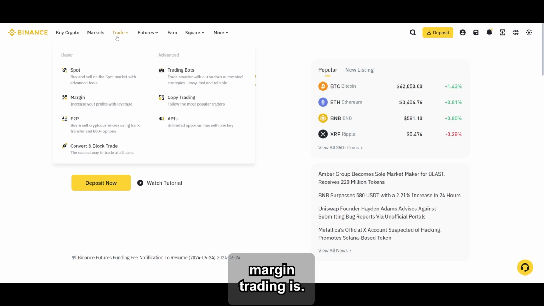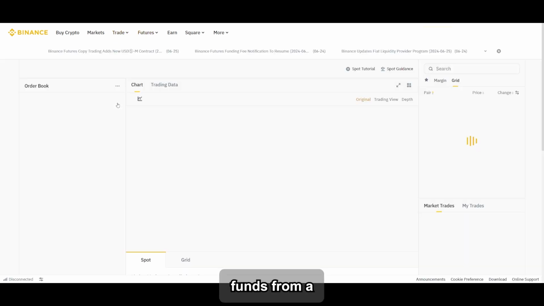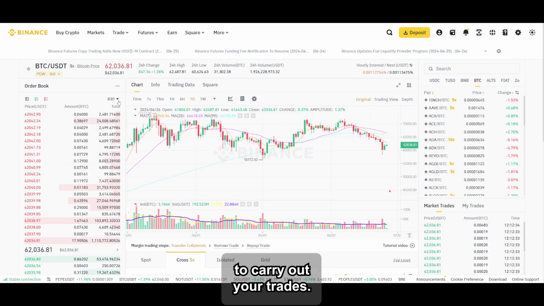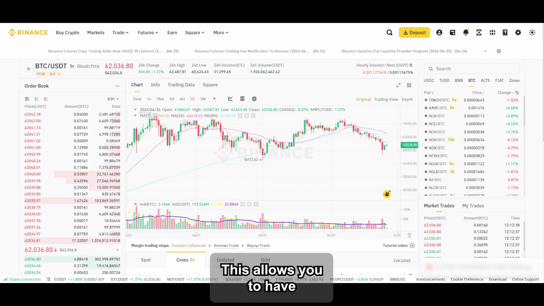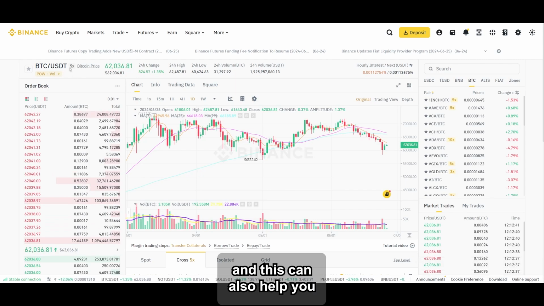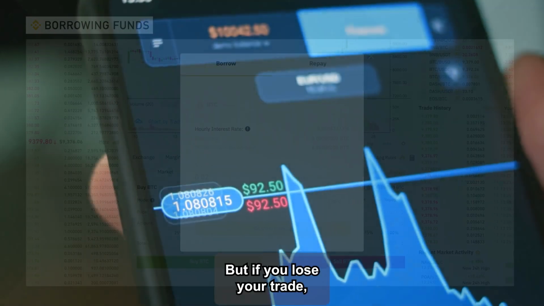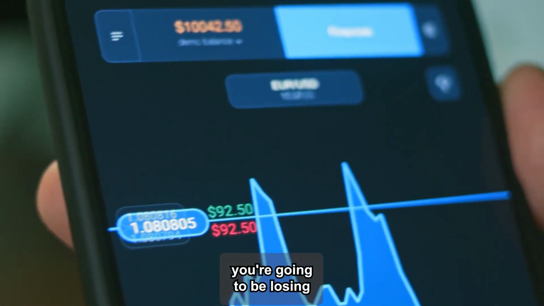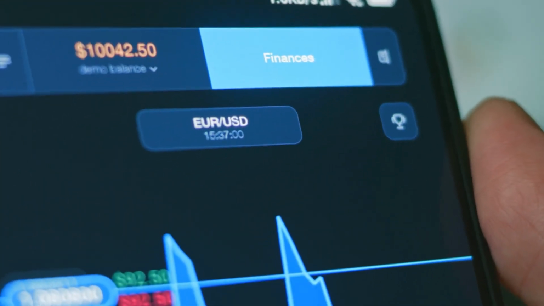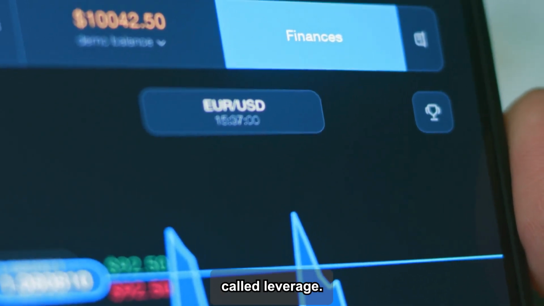Now let's see what margin trading is. Margin trading is a kind of trading where you borrow funds from a third party to carry out your trades. This allows you to have more capital to trade, and this can also help you to make more profit when you win your trades. But if you lose your trade, you're going to be losing more money also, and that is because of something called leverage.